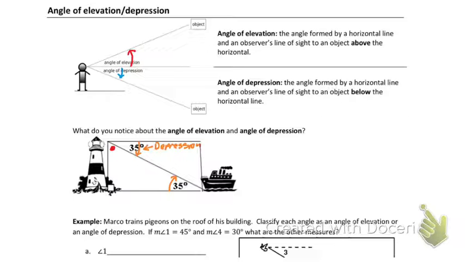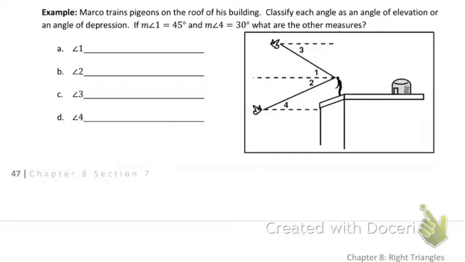If the problem says the lighthouse looking down at the boat at 35 degrees, you can say, I also know the boat looking up is 35 degrees. Sometimes that's an easier triangle to picture, especially when you want to determine the height of the lighthouse. Sometimes it's easier to think about it as the elevation and creating this right triangle. So if I tell you depression, you turn it into elevation, knowing that they're both the same. All right, we have Marco training pigeons on the top of his roof.